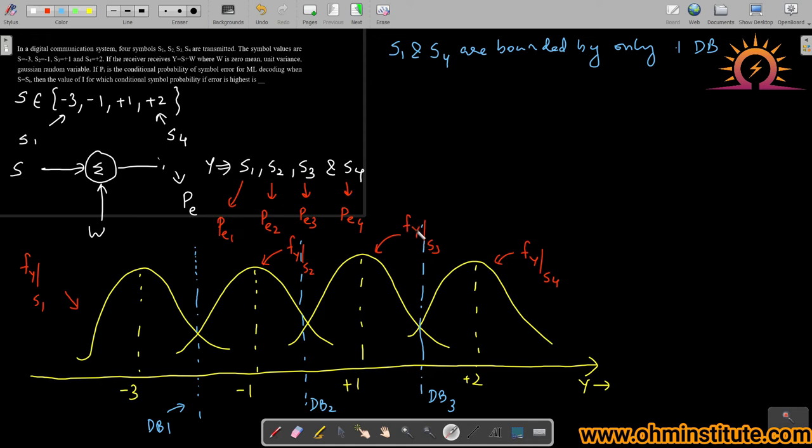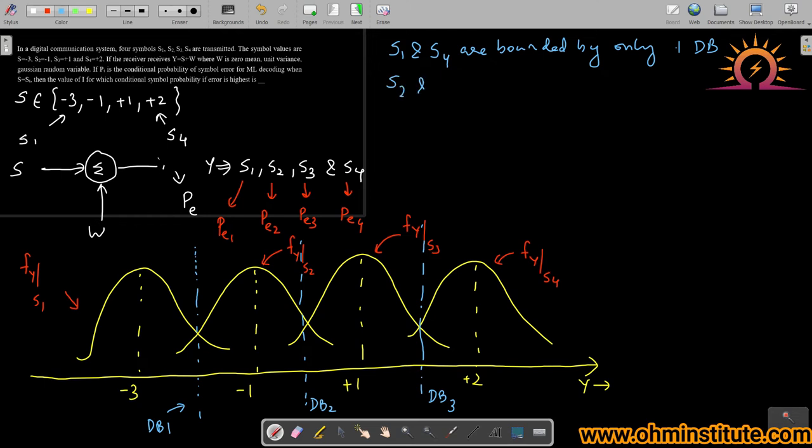That means it is more prone to error because in LHS it is bounded by decision boundary 1, in RHS it is bounded by decision boundary 2. However, the earlier case, in case of S1, is bounded by decision boundary in only one direction. This side is totally free. It is totally non-prone to error in this direction. But for -1 and +1, it is bounded by two decision boundaries.